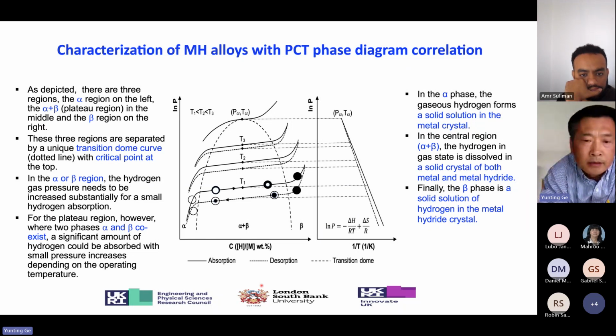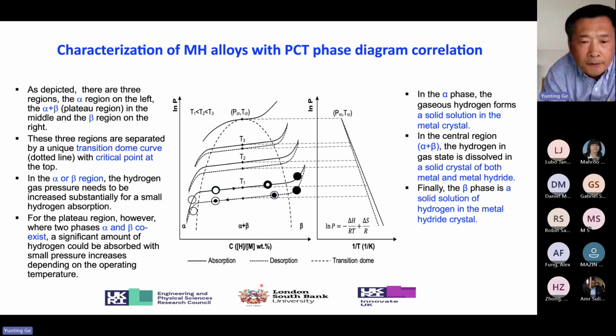To utilize the refrigerant properly, we need to know its properties, the relation between pressure, entropy, temperature and so on. For the metal hydride alloy, you can do similar things. We call it characterization of the metal hydride alloy.